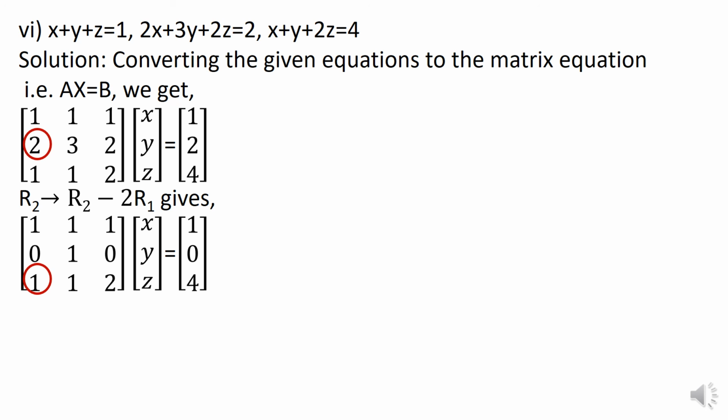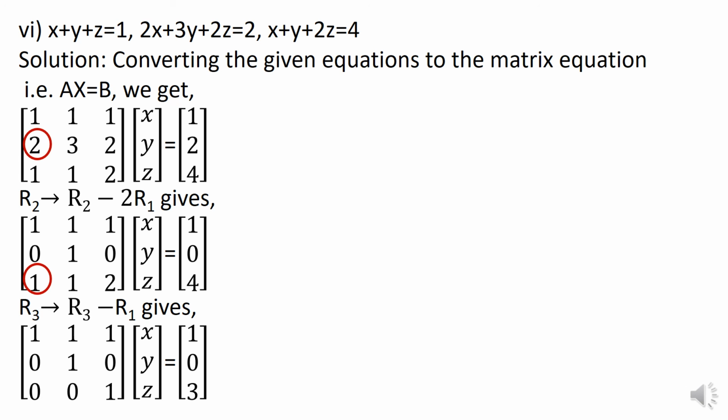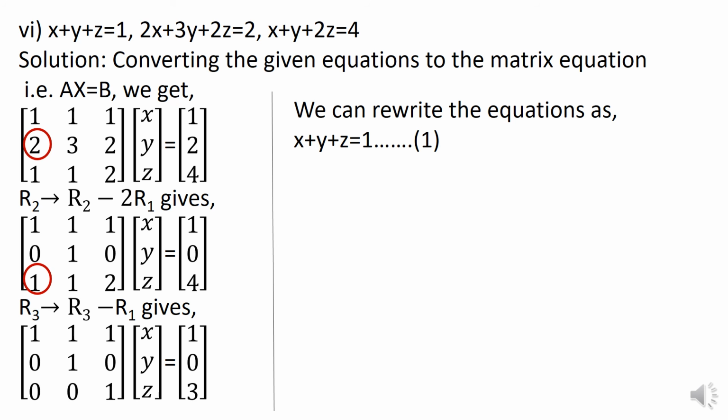Next step, we'll convert this 1 into 0 by doing R3 minus R1. That is an easy transformation, isn't it? Thus we get this particular equation. Now we find that the matrix has already been converted into an upper triangular matrix. We just convert the matrix equation into the linear form like so. That is x plus y plus z is equal to 1.